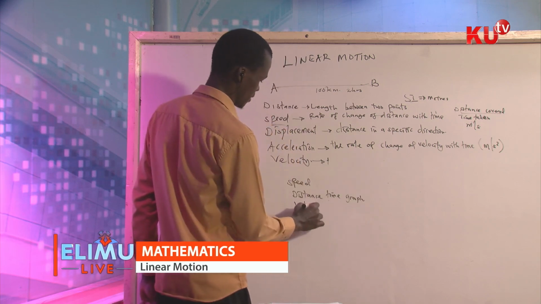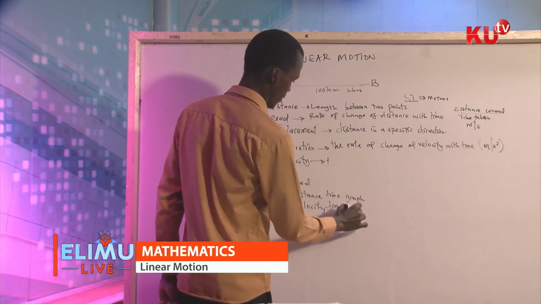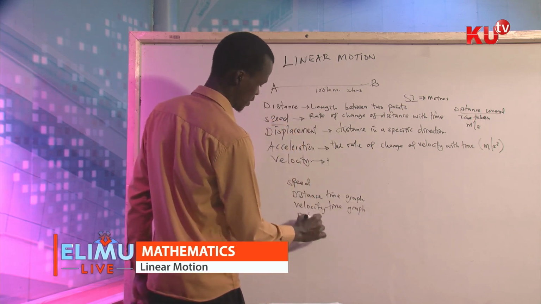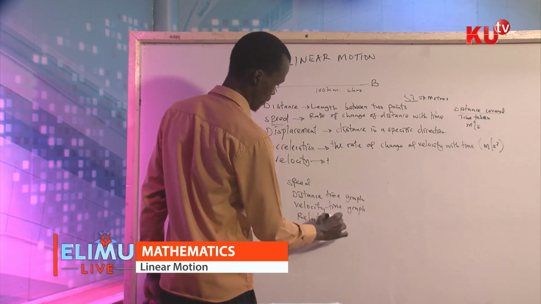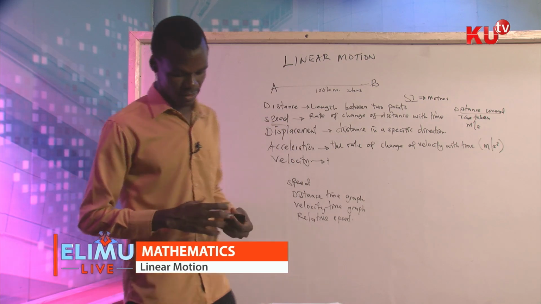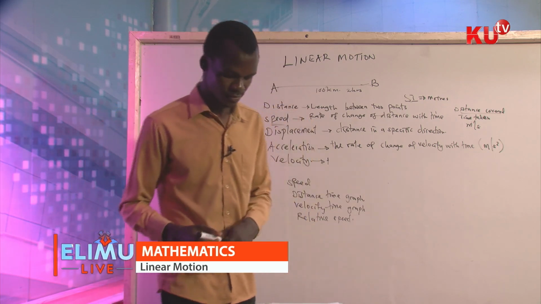We have velocity time graph. And then lastly, we have relative speed. And as we have said, we want to look specifically at relative speed.